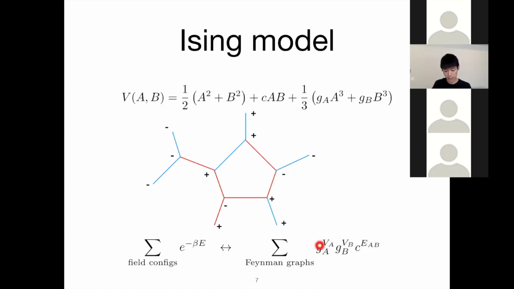It depends on the number of vertices of the A type, the number of vertices of the B type, the number of edges between A's and B's, and the number of edges between like spins. So in general, the idea is to interpret this number here as the Boltzmann factor for the Ising model. So for example, the cost of putting 2 spins of different type next to each other is determined by this propagator C.